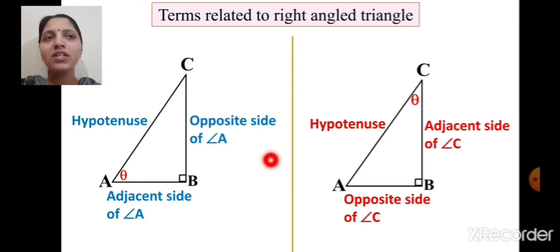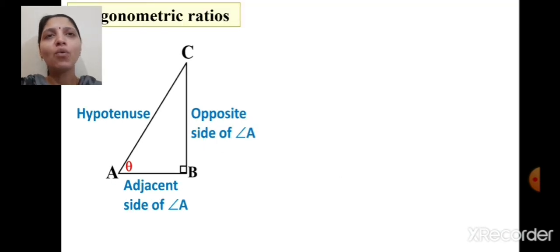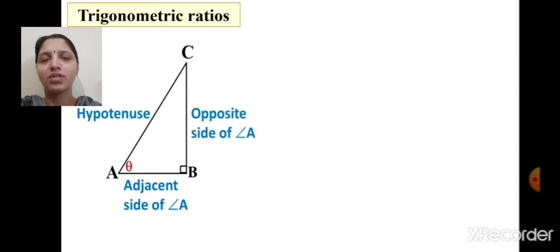So these are the terms related to the right angle triangles. You should know which is the adjacent side and which is the opposite side of the given angle. Now let's see what are trigonometric ratios. I told you trigonometry always deals with right angle triangles. So here I have considered right angle triangle ABC, and angle B is 90 degree, and I have considered angle A as theta.